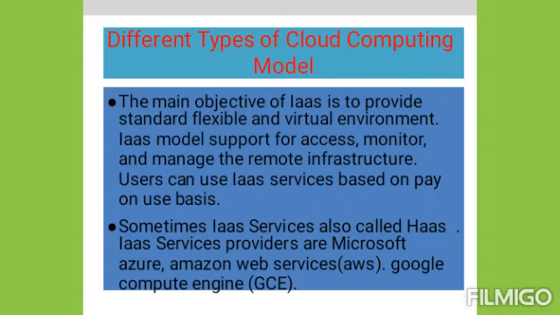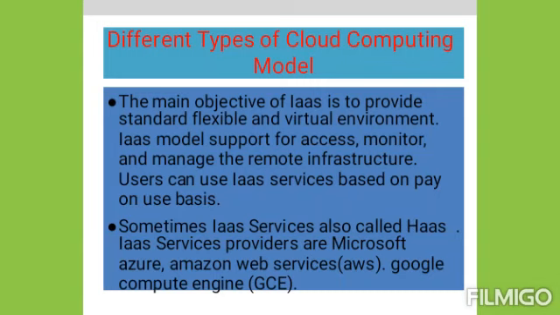IaaS is a cloud service that gives the customer access to an immediately usable, highly scalable IT infrastructure over the internet. Running and maintaining the hardware is the provider's responsibility.